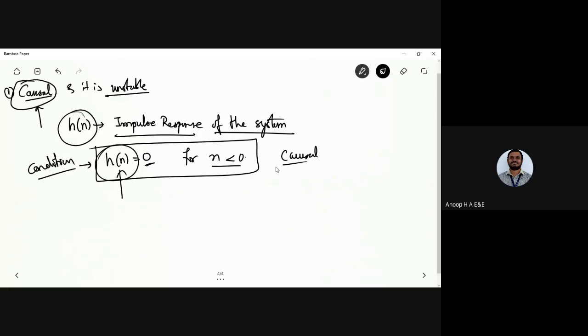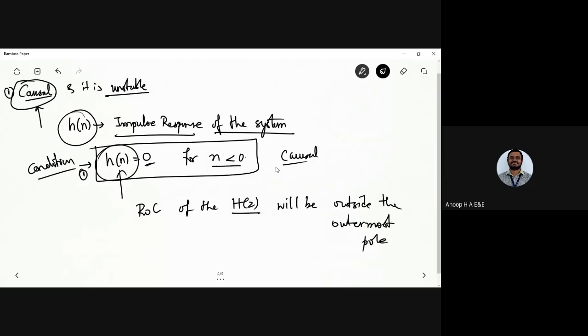Okay, so now the other one, it is the ROC of the H of z. When I'm talking about the z transform of the impulse response of the system, ROC will be outside the outermost pole. Very important concept here. So the first condition what you need to check is h of n will be equal to 0 for n less than 0, then I can call the system to be a causal system.